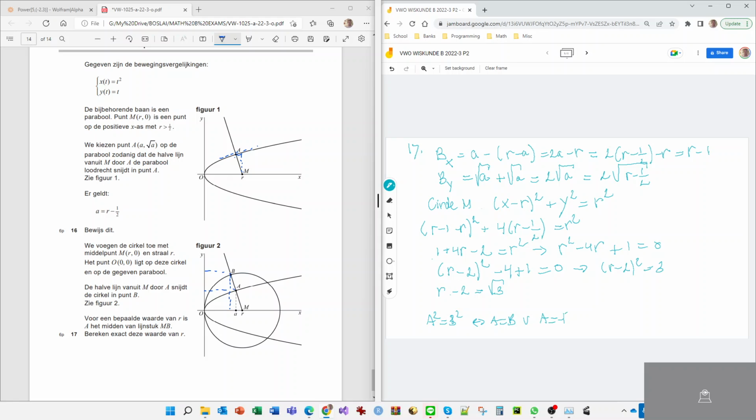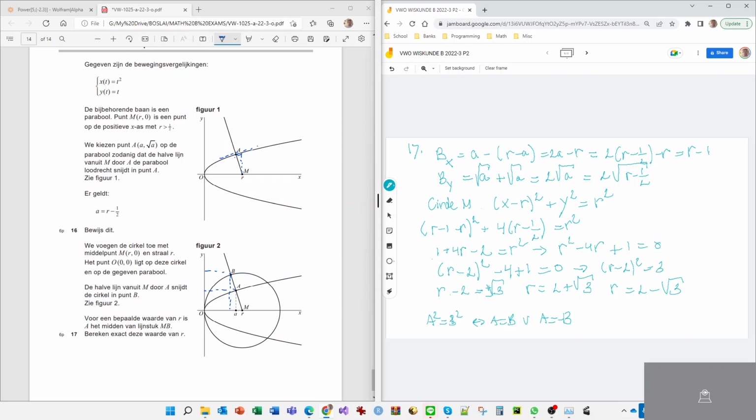This is one of the algebraic skills you need to know, so I need to apply it myself correctly too. So plus or minus square root of 3. So r is 2 plus the square root of 3 or 2 minus the square root of 3.